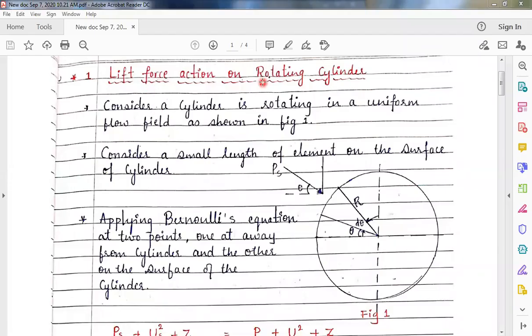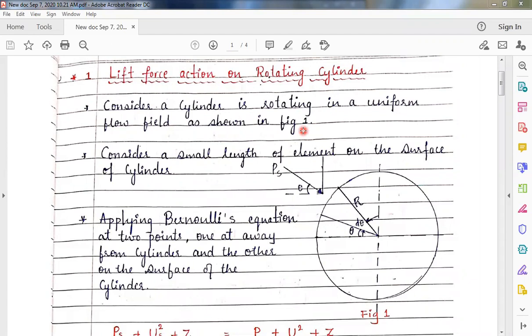Hello students. So today in the lecture we will start with our new topic, that is on lift force action on a rotating cylinder. Consider a cylinder rotating in a uniform flow field as shown in figure 1.